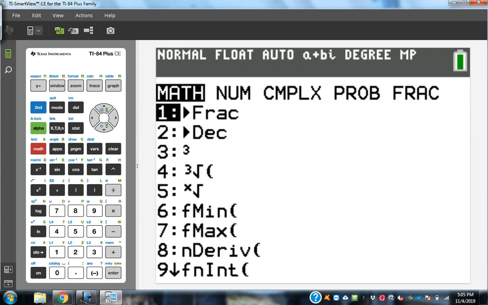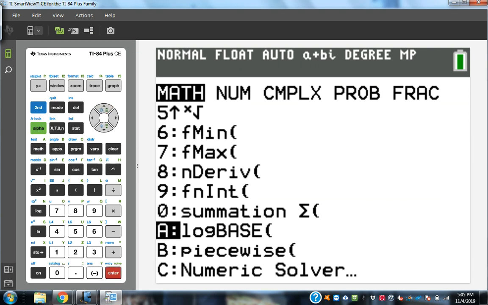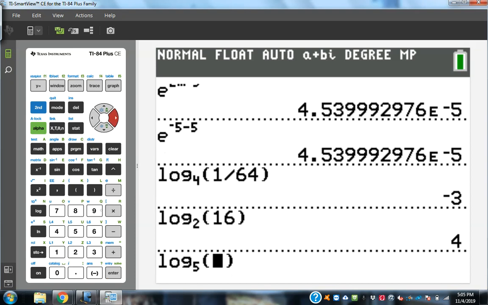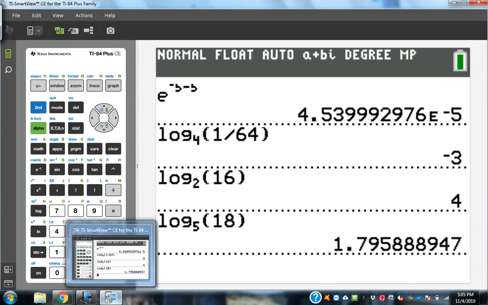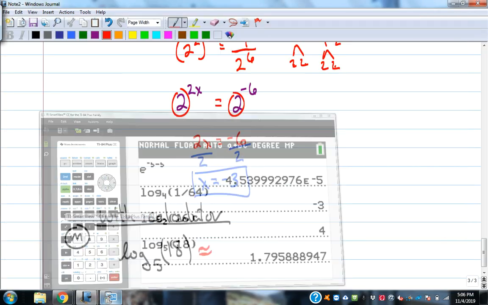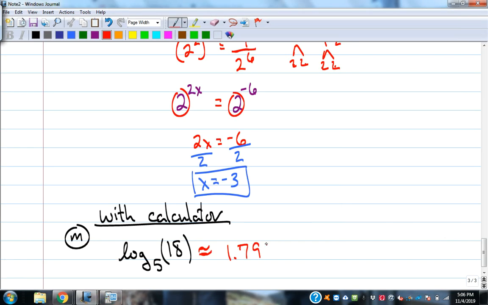So I'm going to hit math, go to log base. 5 is the base. 18 is the number I'm taking the log of. Crank that out. We'll go 3 decimal places there. 1.796. With the calculator, you can do any numbers, whether they work out beautifully or not, like the ones we did without a calculator. So it works really well.